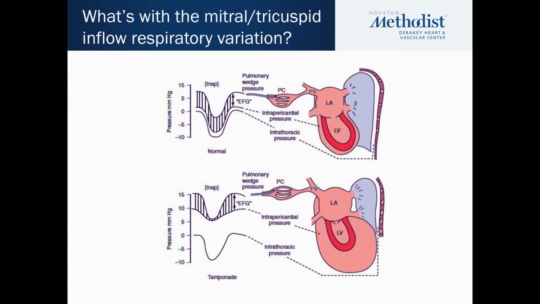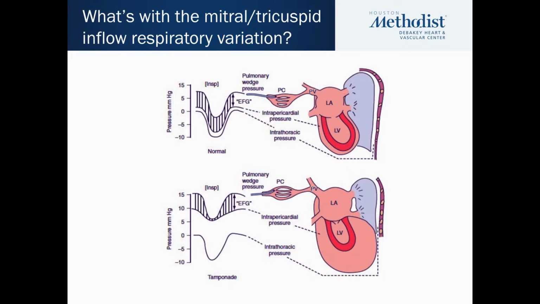So as the pressure decreases on inspiration, the change in the pericardial pressure as well as the transmural pressure on the LV and the LA also change concordantly, and as a result there isn't a significant gradient that occurs between the pulmonary veins or the pulmonary capillaries, as you have presumably a PA catheter here.